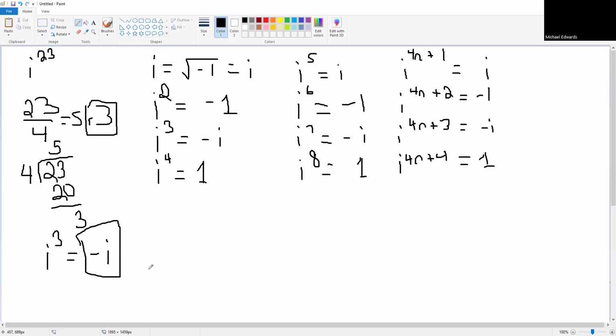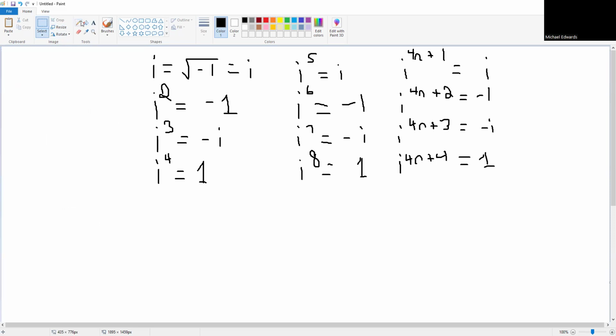Okay, let's do more. These are fun, quick, and easy. They shouldn't take very long to perform on your own. Just remember your chart and your long division. You'll be fine. So that's i to the 50. 4 will go into 50 how many times?